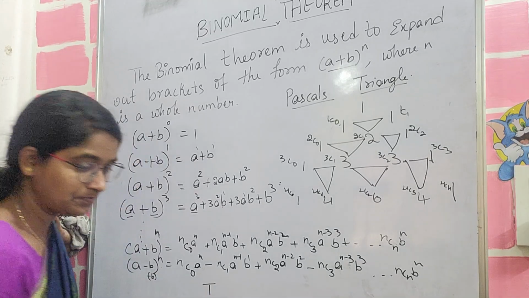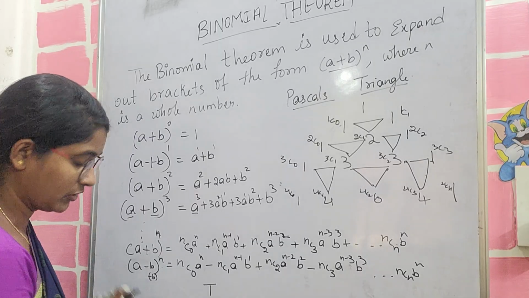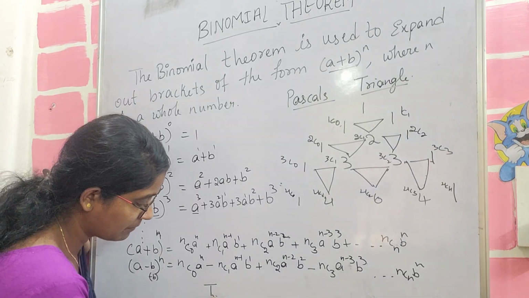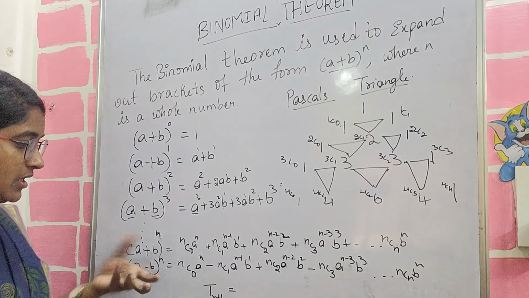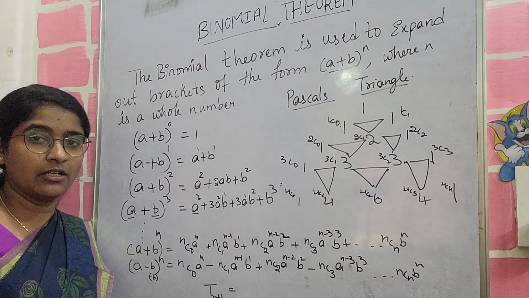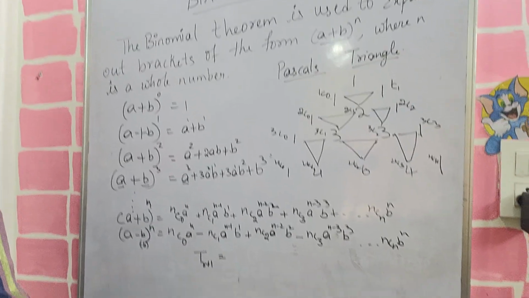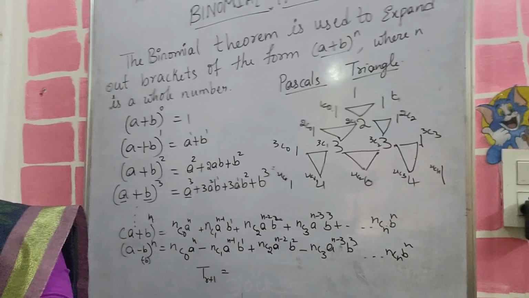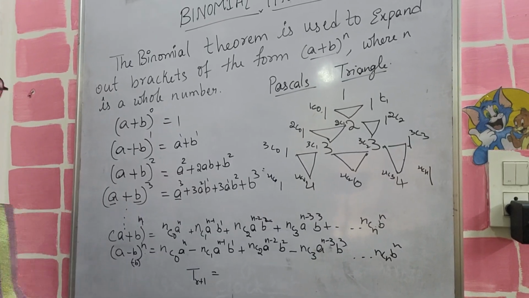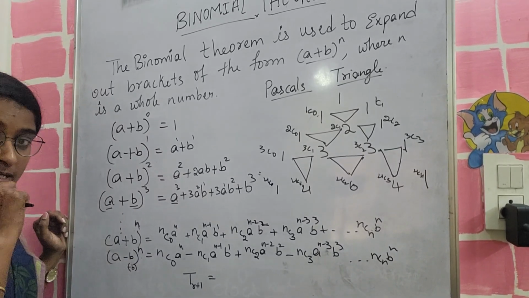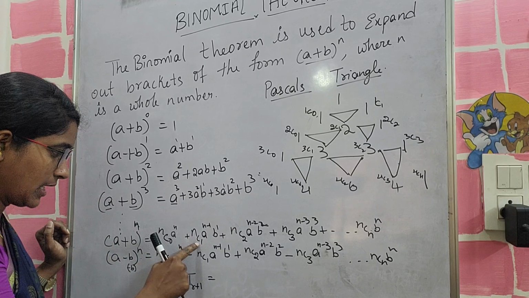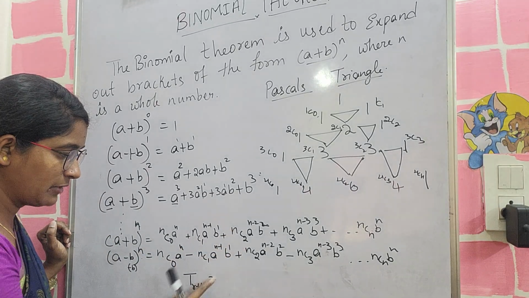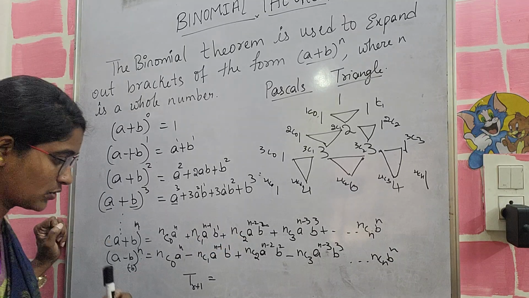T r plus 1 term, by observing some particular term I'm writing, okay? T r plus 1 term. Then what is here? Suppose a particular r term is here. So suppose if you take the 2, it means what? 1 plus 1, right? So I'll take those things.